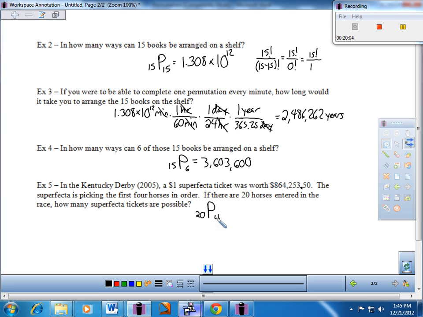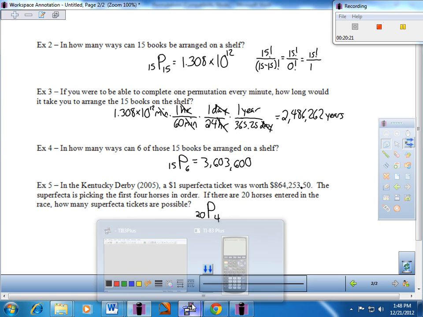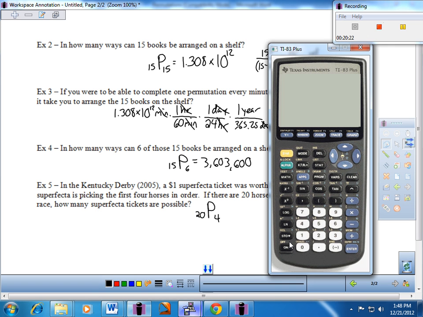Now watch what's kind of fascinating about this answer, and think about what it was worth, and we'll see it. So 20 horses. Out of those 20 horses, there's going to be a first place, a second place, a third place, and a fourth place. And so I would arrange 4 of those 20 horses, and that would be our 20P4.